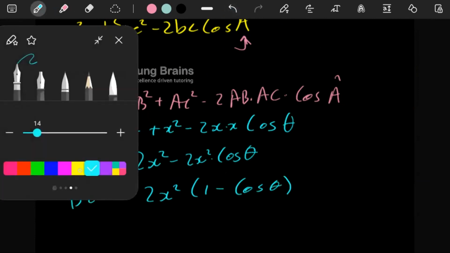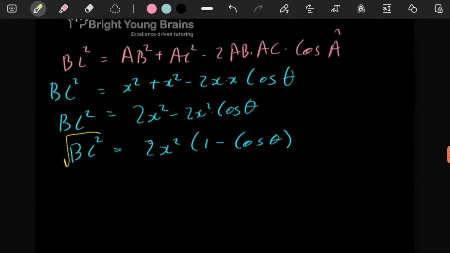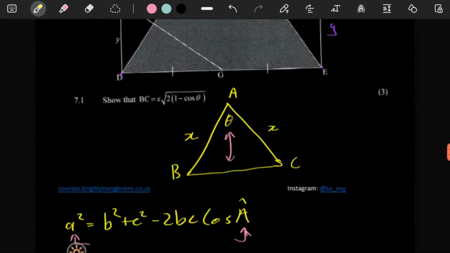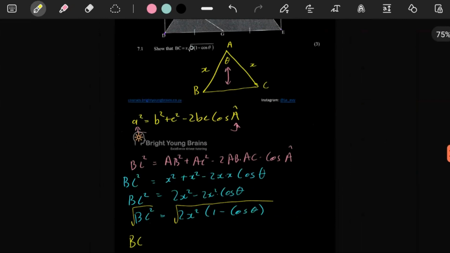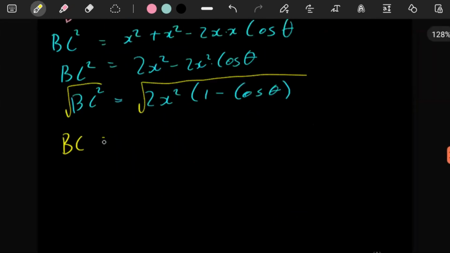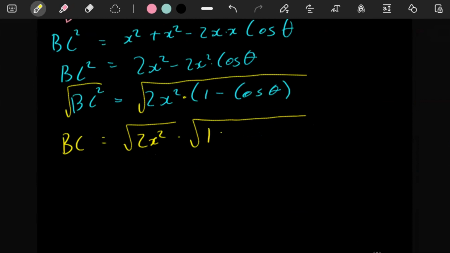From here, you can square root both sides, meaning you take the square root of this whole thing here. So here you're going to get BC. We can pause a bit, because you're going to end up with X only as the outside value, and that's fine. Here these are being multiplied together, so technically you have the square root of 2x squared multiplied by the square root of 1 minus cos theta.